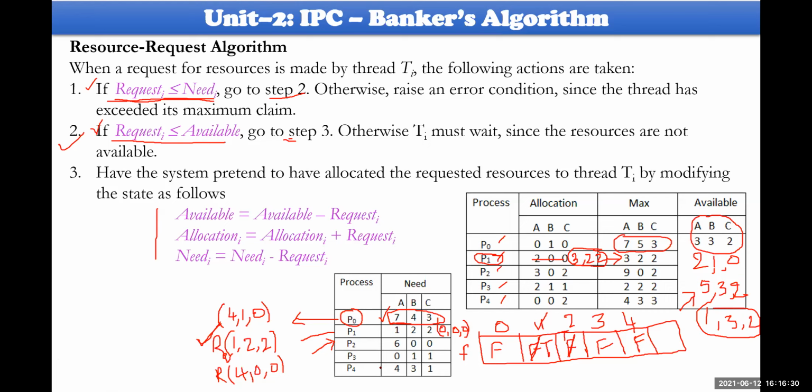Okay, then going for process P3 మొత్తం కావాలంటుంది. సో 0 1 1, సో అవైలబుల్ కంటే తక్కువే ఉంది కదా, ఇది కూడా అలకేట్ చేస్తుంది.